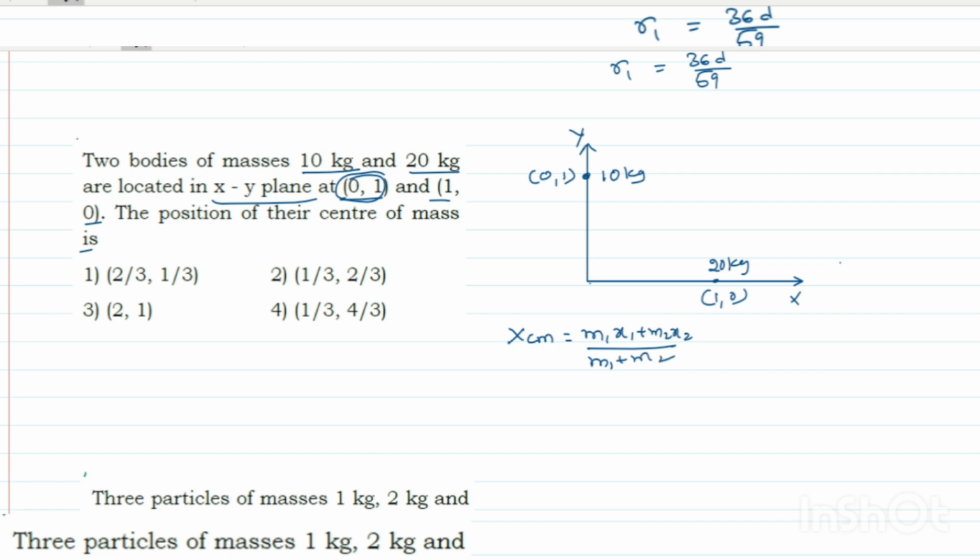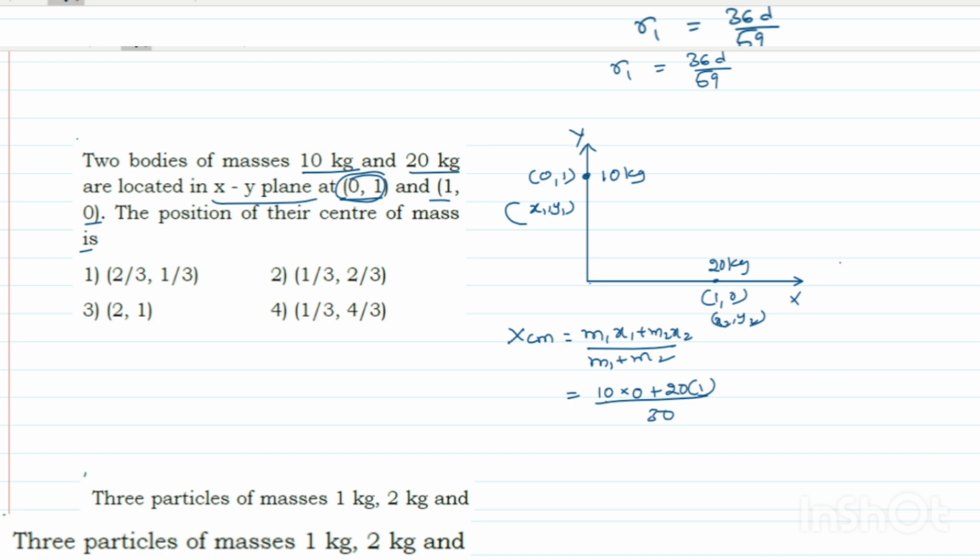Let us take the first particle as x1 y1 and the second as x2 y2. m1 is 10 kg into x1 value, which is 0, plus m2, which is 20 kg, lying at 1 meter distance, by m1 plus m2, which is 30.